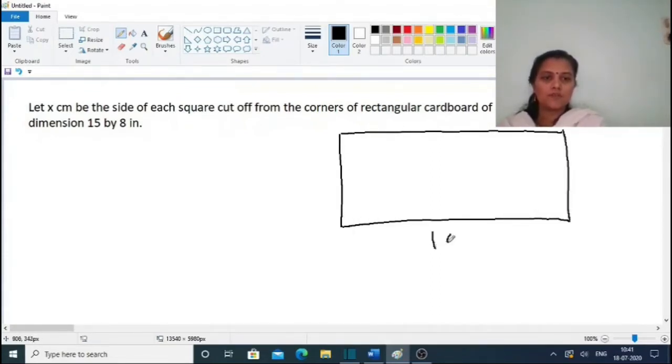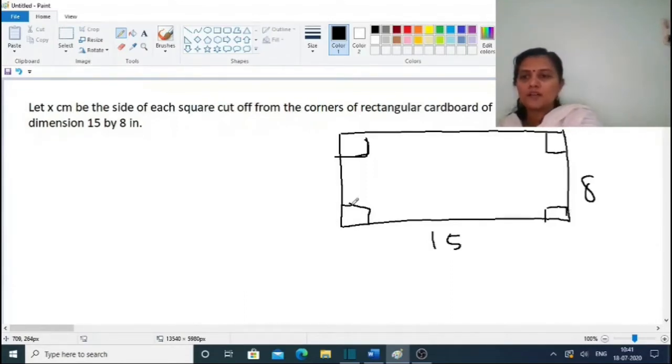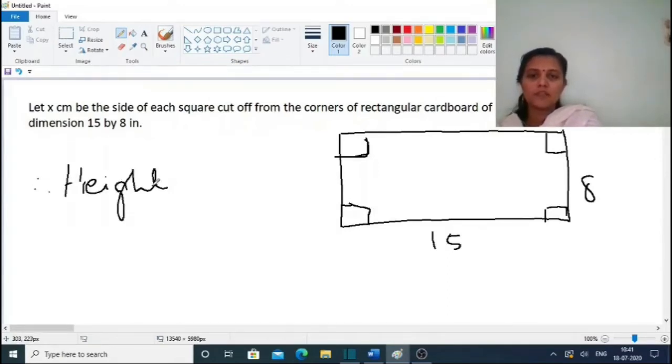So this is 15, the length is 15, this is 8. We are cutting some x. We assume that this is x, this is x, cut from every square. So the height of the box, the box we are now making, this is x, the height of the box is equal to x centimeter.